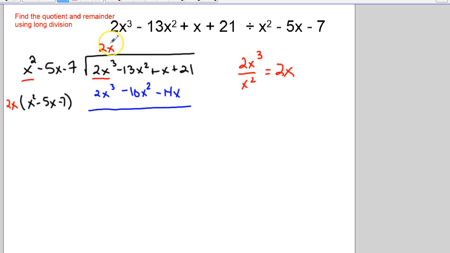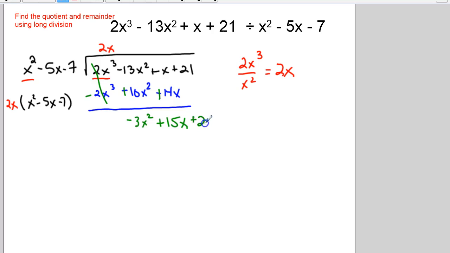When I do the subtraction, I change my signs. Positive becomes negative, negative becomes positive, negative becomes positive. Those go to 0. A negative 13 and a positive 10 is a negative 3x squared, and a 14 and an x combine to a 15x.